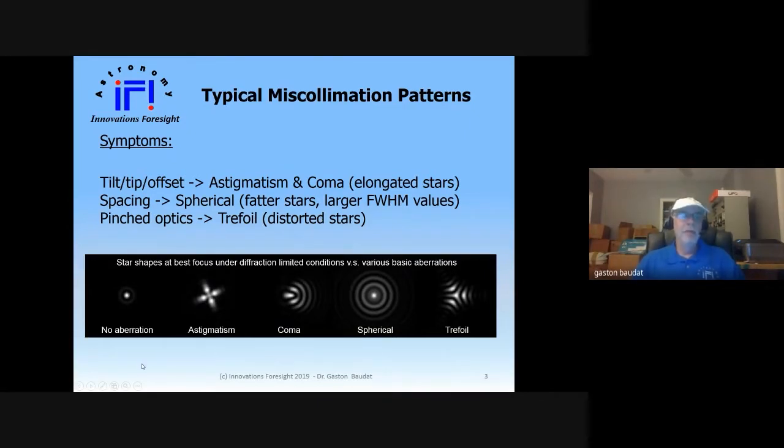So below here, you see what you're supposed to see if you were lucky enough to take a picture from space. Of course, we are seeing limited in normal life, but if you were diffraction limited, you would see this perfect pattern from space if your scope is perfectly aligned and you are on axis.